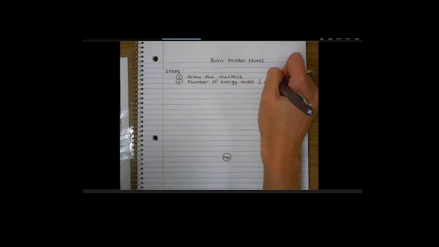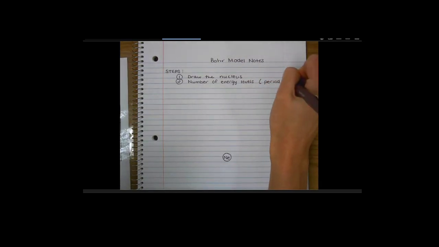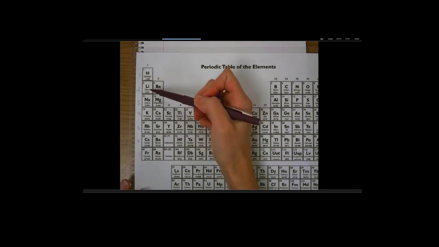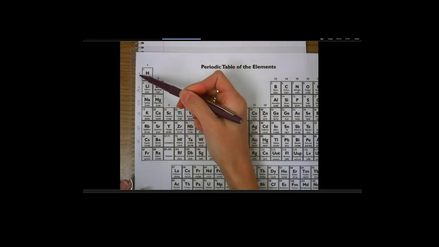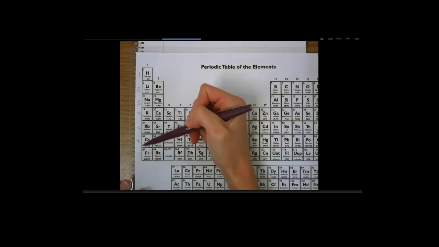And how we do that is by using the periodic table. And you are going to look at the period number on the periodic table. So remember, your periods are going down the side of the periodic table. So we have period 1, period 2, period 3, all the way down to 7.